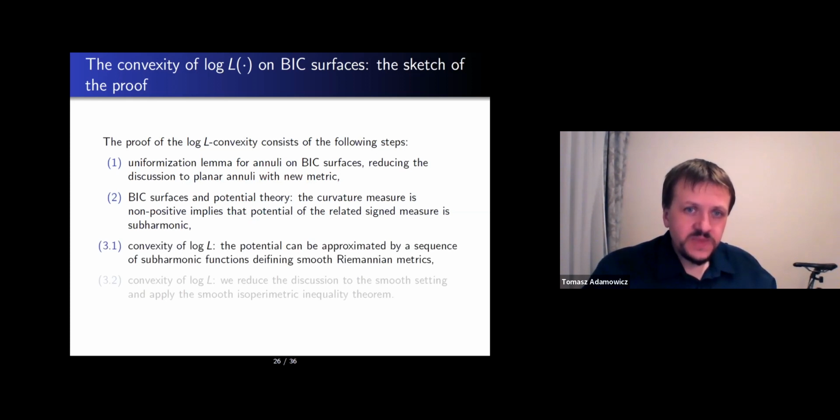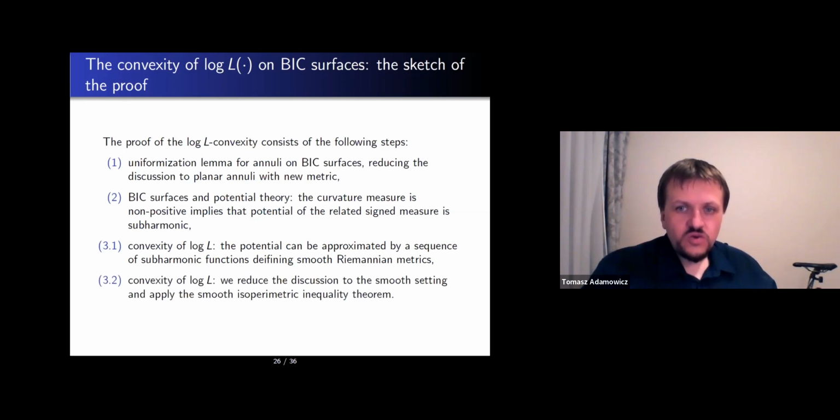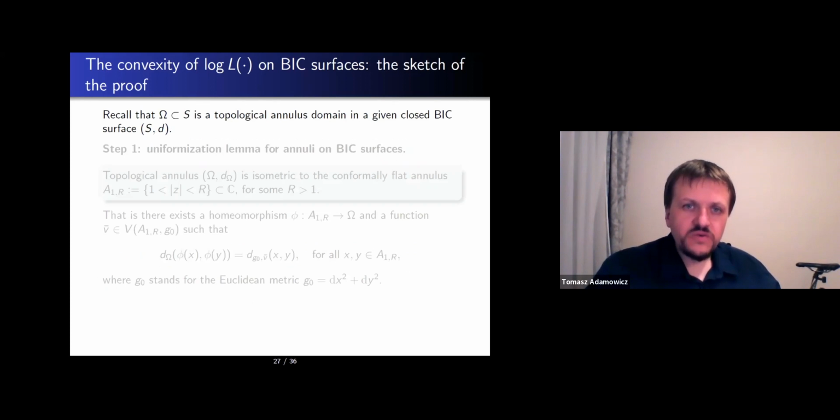And finally, this potential, the subharmonic function, can be approximated by a sequence of subharmonic functions which define smooth Riemannian metrics. With this observation, we may reduce the discussion to the previously proven smooth isoperimetric inequality, and upon appropriate convergence results get the assertion. So let us now say a little bit more about each of those steps.